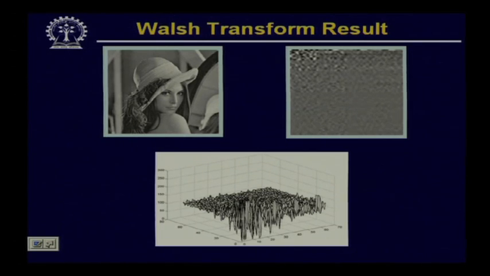So, here again you find the property of these cosine transformations, that is, the coefficients near 0 have the maximum energy, and as you go away from the origin in the u v plane, the energy of the coefficients reduces. So, this transformation also has the energy compaction property, but here the energy compaction property is not as strong as in case of the discrete cosine transformation.